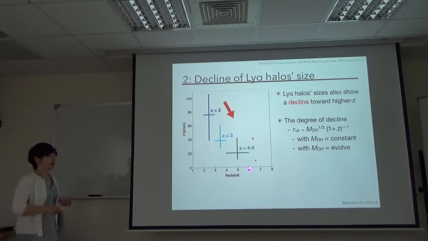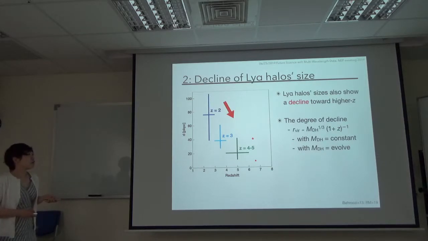Evolved means, for example, that quasars at redshift 5 can be detected, and the quasars are on the same evolutionary track of halos, even at redshift 2. That is the other model that we mentioned, the evolved model.